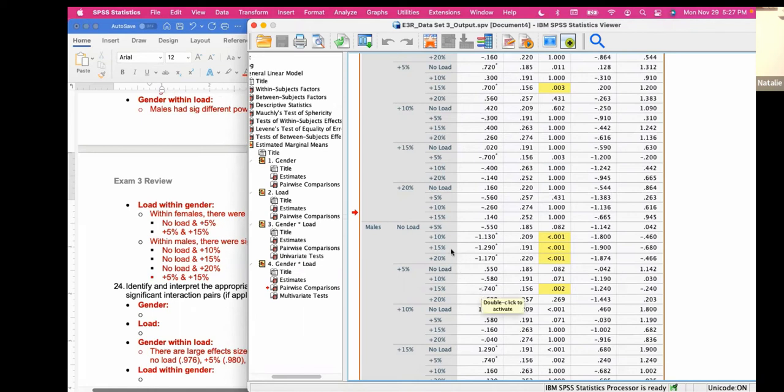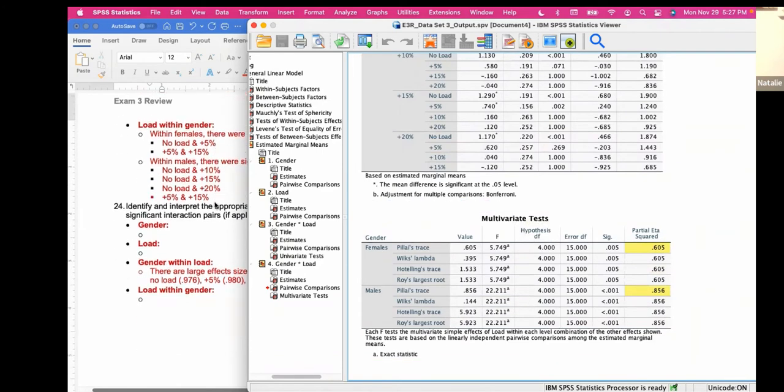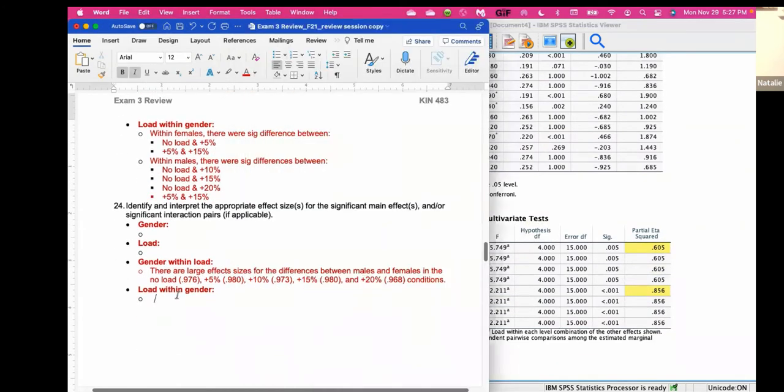Okay, since we have significant pairs within both male and female groupings, in our multivariate test, when we report the effect sizes, hold on a second. I think I have a page break here. I'm going to push it downwards.